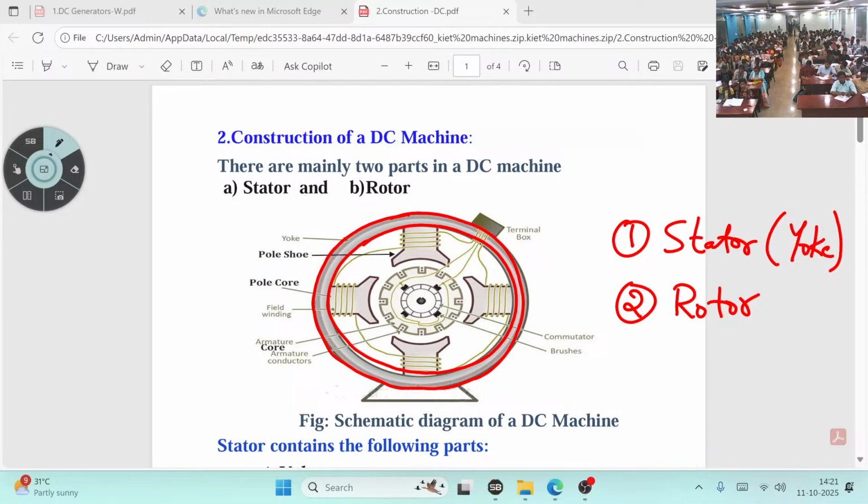Second one is where we house the poles. So stator consists of poles.